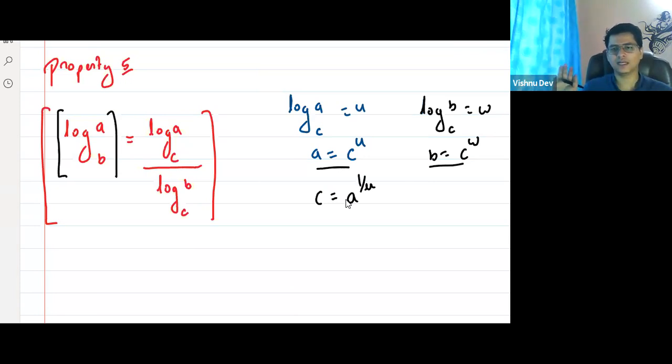Anyone have any doubt in this? So we can also write a equals c raised to u. Sir, it is already written. a is equal to c raised to u.